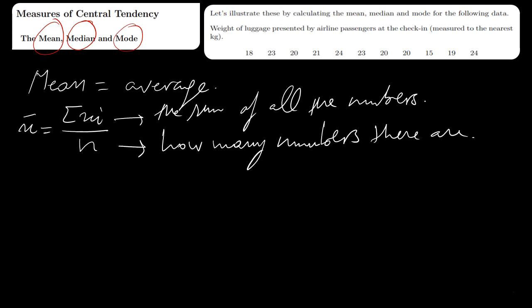So let's begin with n. Here n is equal to, we have 1 2 3 4 5 6 7 8 9 10 11.